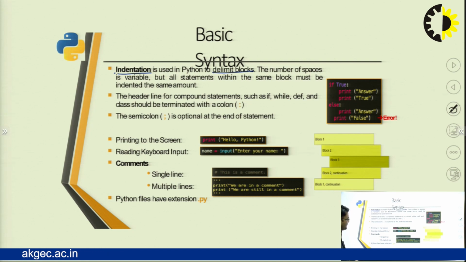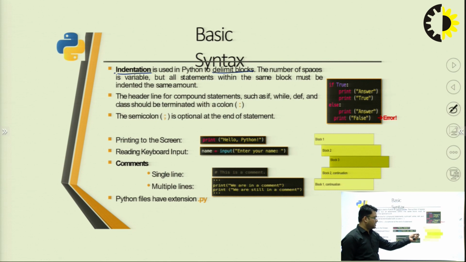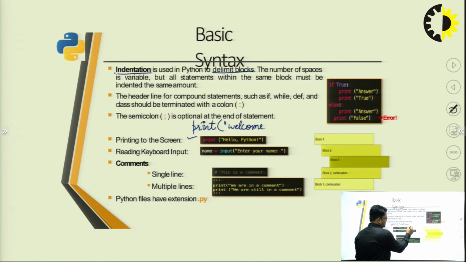So suppose this is some code given to us, like we want to print a statement on screen. In Python we simply need to write print, and inside brackets we can directly provide a message or a name, whatever we want to print on screen. Say I want to print welcome class. I just need to write print, bracket, followed by double quotes, and write welcome class.